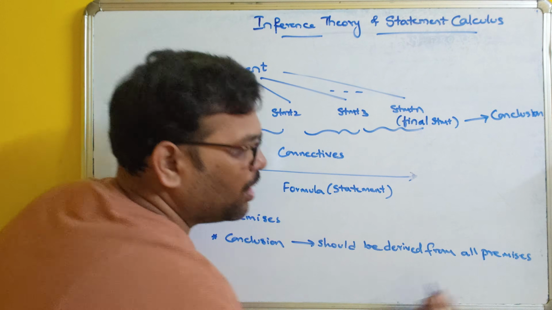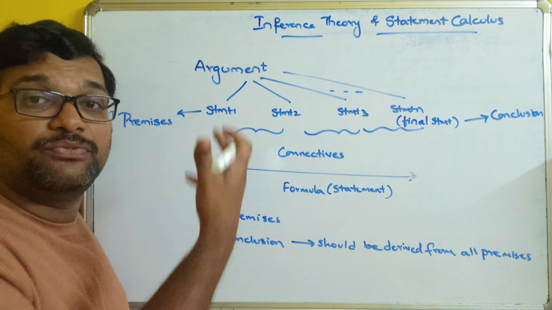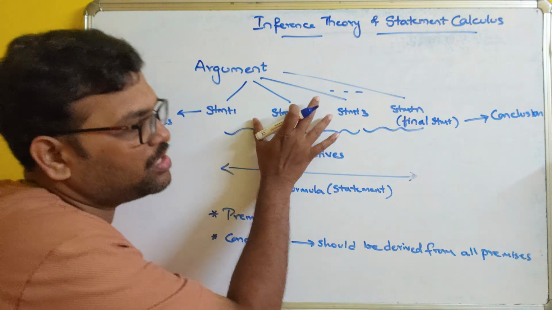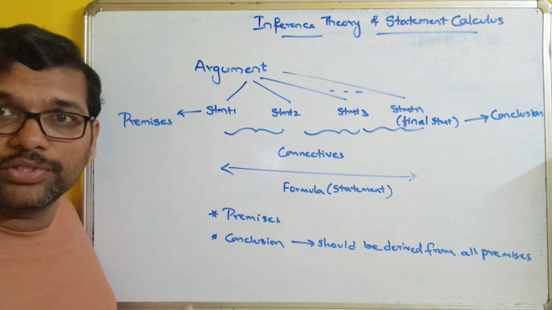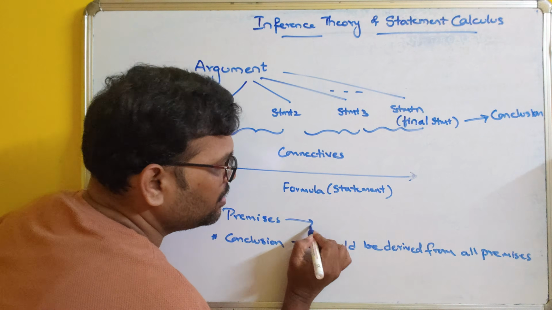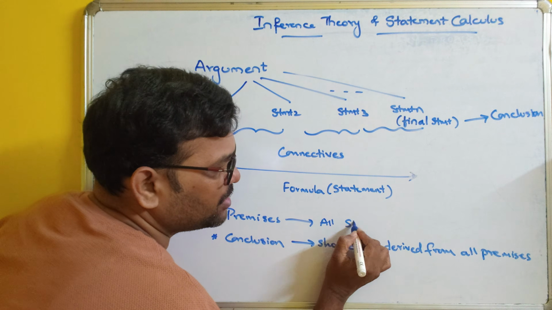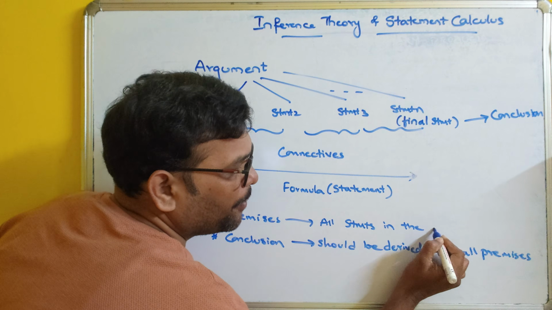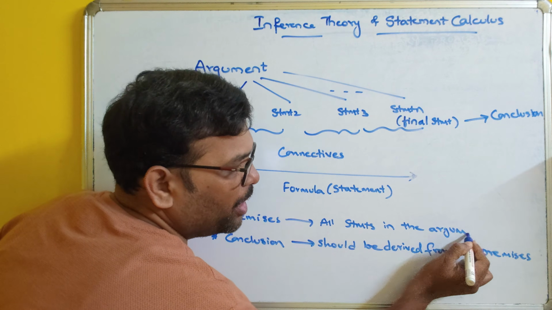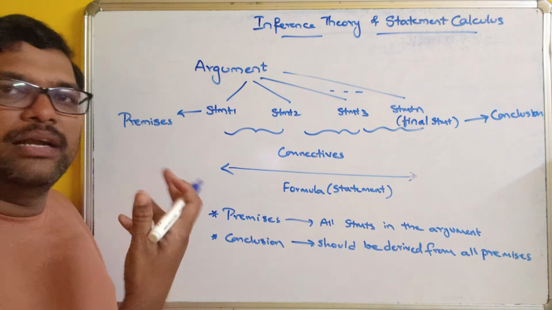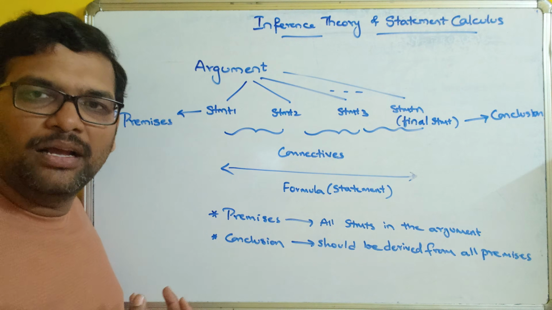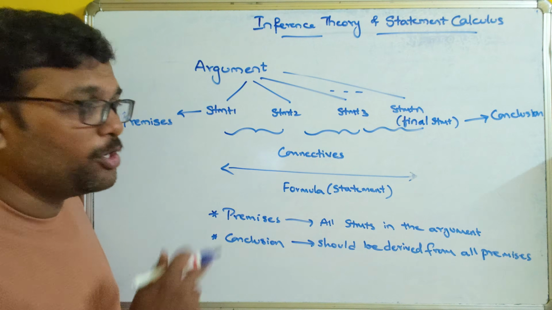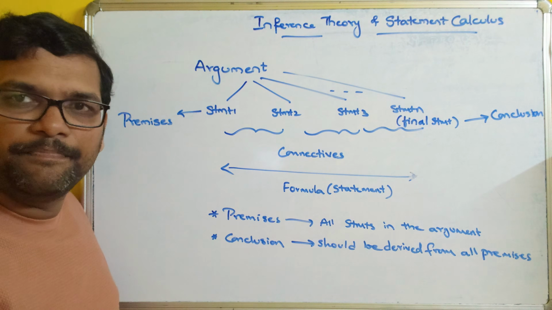That means whatever statements we have given in the argument, based upon those statements, we have to derive this conclusion. So premises means all statements in the argument. Now you might be understanding the difference between the premises and the conclusion, right? All this together we call a statement calculus, because this is completely statements.